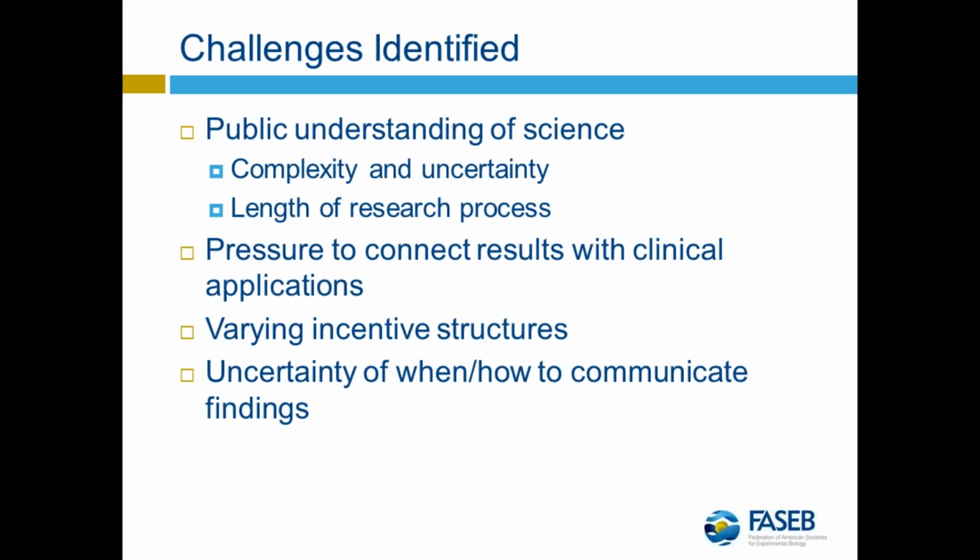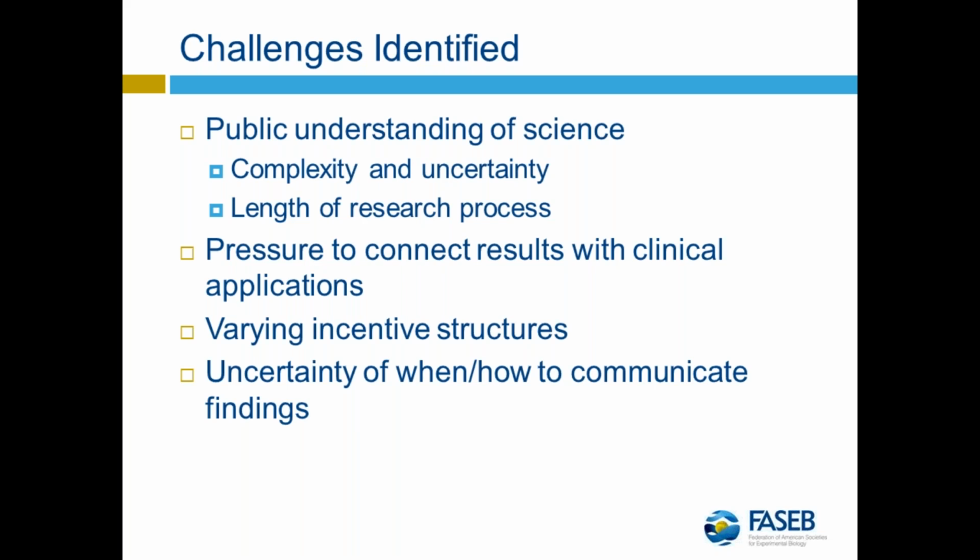There are varying incentive structures in different organizations. A scientist will want to get their work published in a scientific journal because that is how they advance their career. But universities want to show the community that the research going on at that university is benefiting the community, creating jobs. So there are all these different tensions about the different audiences of this research.